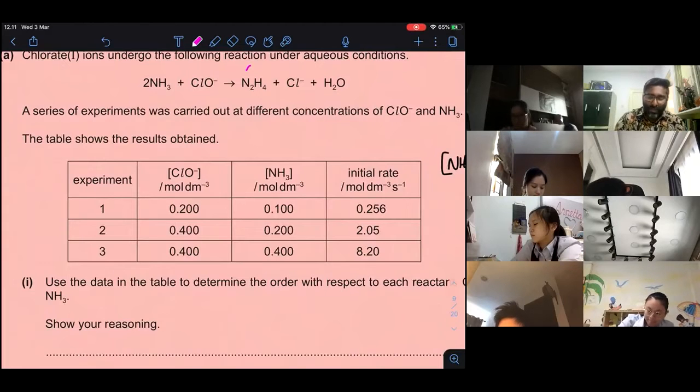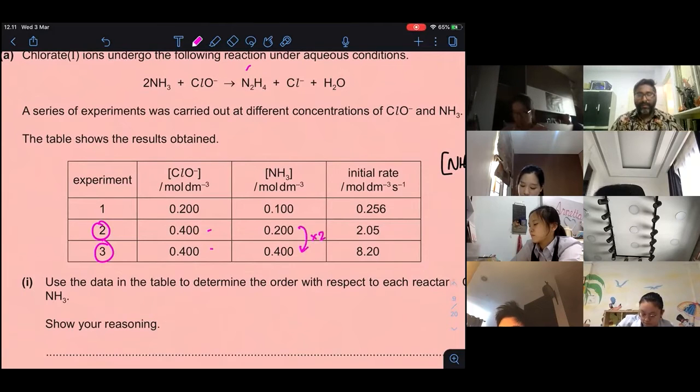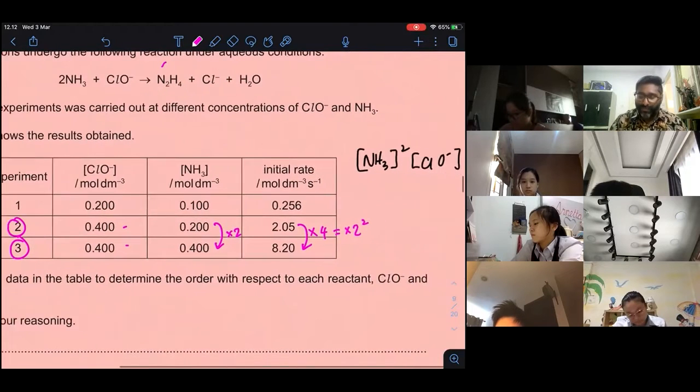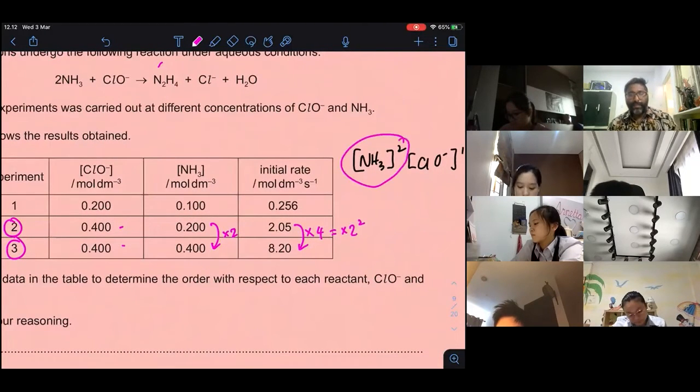For example, experiments 2 and 3, I know that these two are constant at 0.4 and 0.4. So when I double this, what will happen here? You can see from 2 to 8, this is going to be times by 4. This is similar to times by 2 to the power of 2. So this is going to be a second order reaction with respect to ammonia. So I put second order.